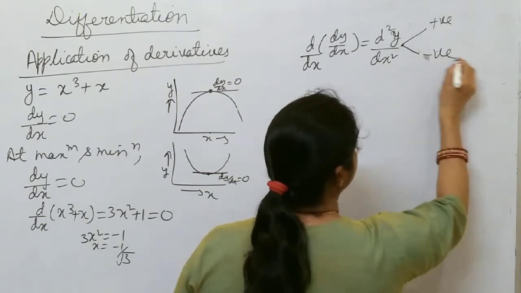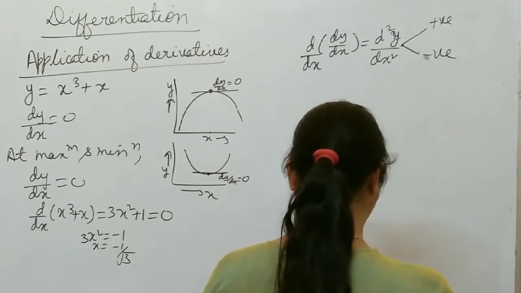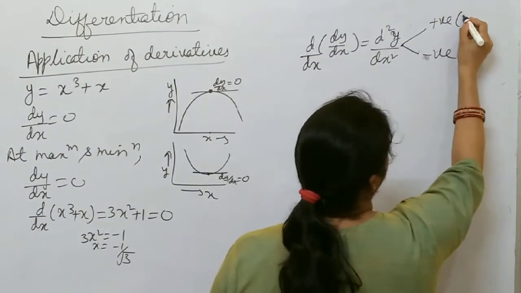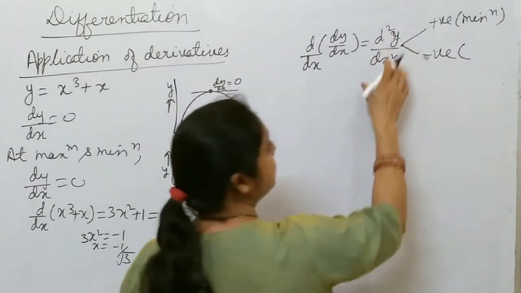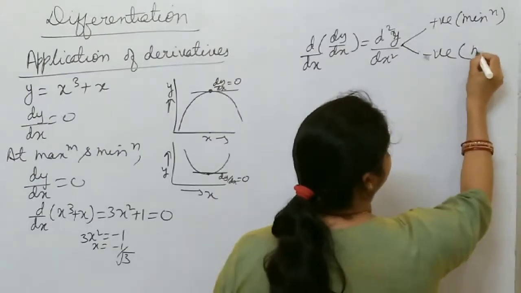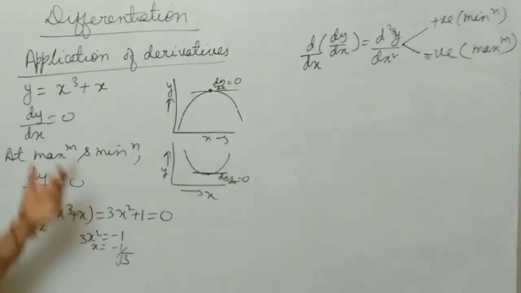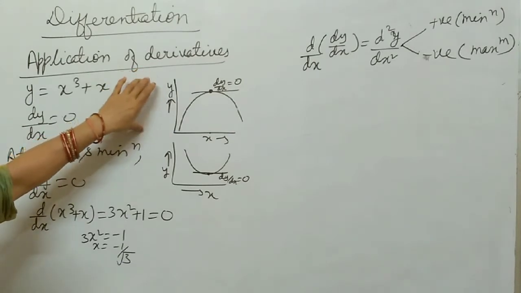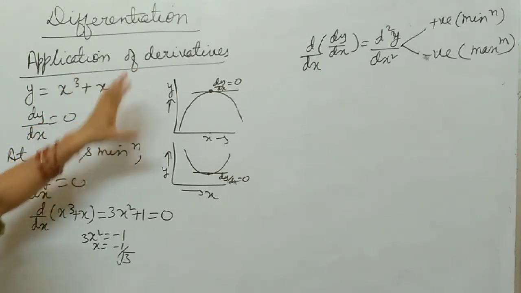If it is positive, then it becomes minimum. And if the value of d2y by dx square is negative, then it becomes maximum. In this way you find at which point the value is maximum or minimum using this derivative, and whether it is maximum or minimum at that point.